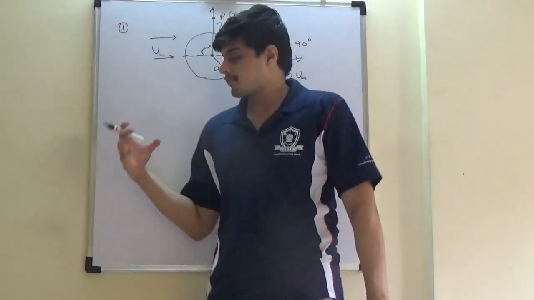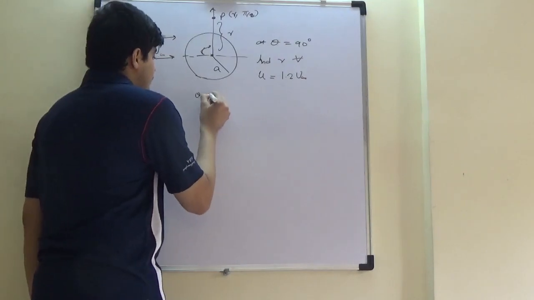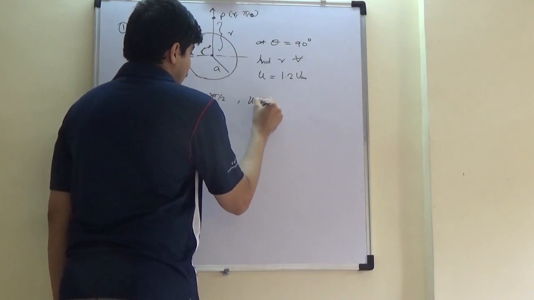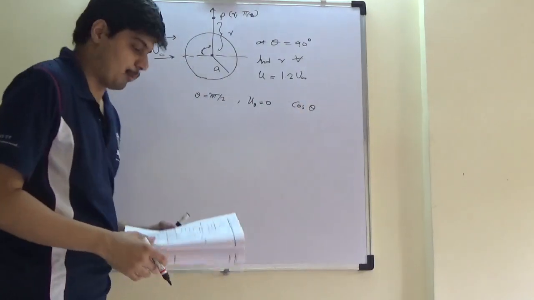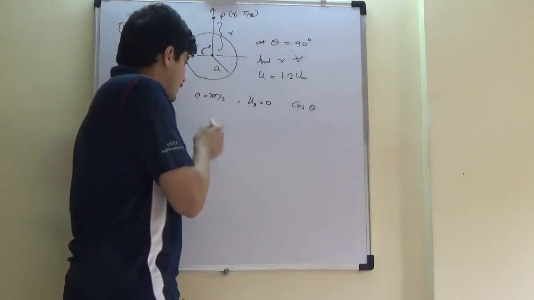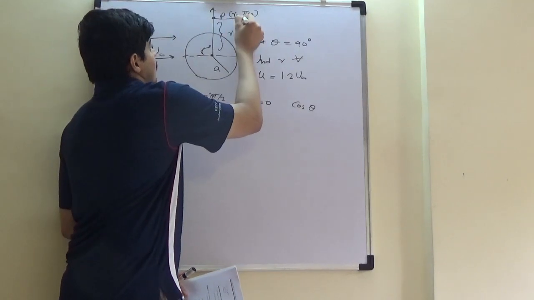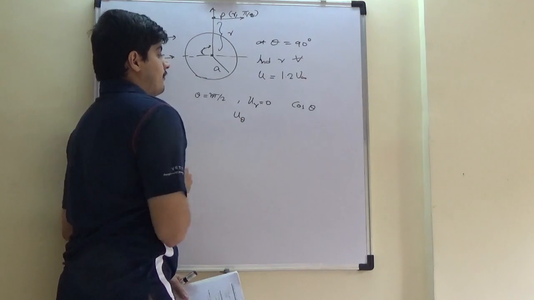Most importantly, we have seen that in the cylinder when theta is n pi by 2, u r becomes 0 because it has a cosine component. Correct? So the only component present along this axis would be u theta, right?